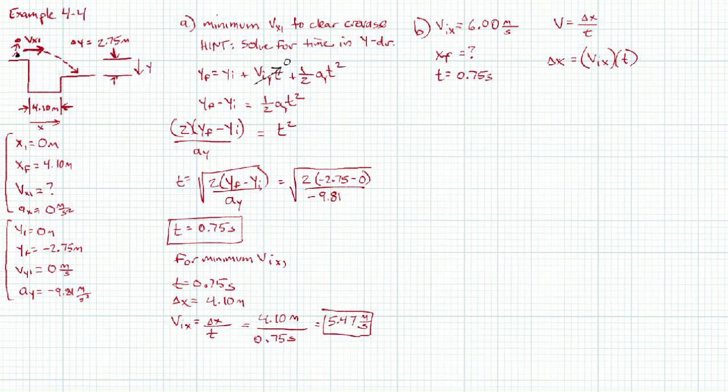I'll just write it as x final because we want to use that for something else. X final equals initial velocity 6 meters per second times time 0.75 seconds, and our final x position, moving at that velocity, is going to be 4.5 meters.